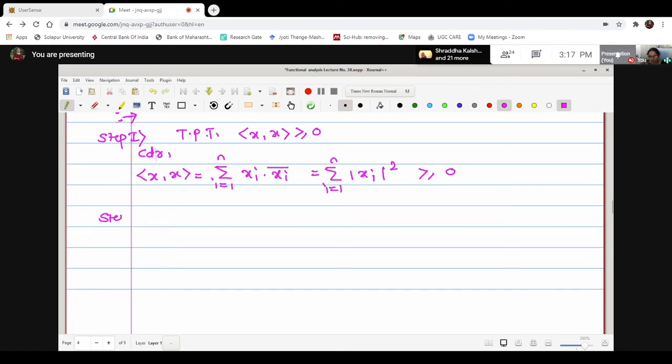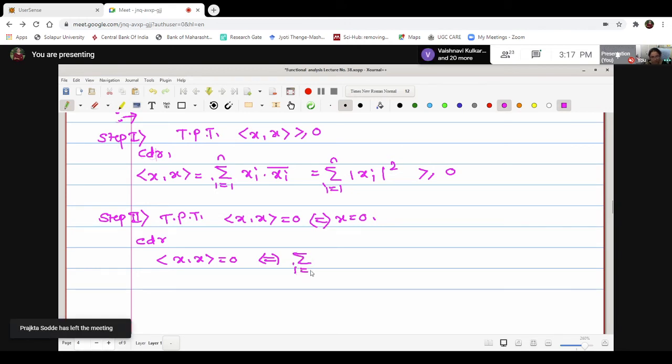Let us move towards the second property. What to prove in the second one? Inner product of x with x is equal to 0 if and only if x is equal to 0. Consider the inner product of x with x equal to 0. According to this definition, this is summation i equals 1 to n of mod xi square equal to 0.